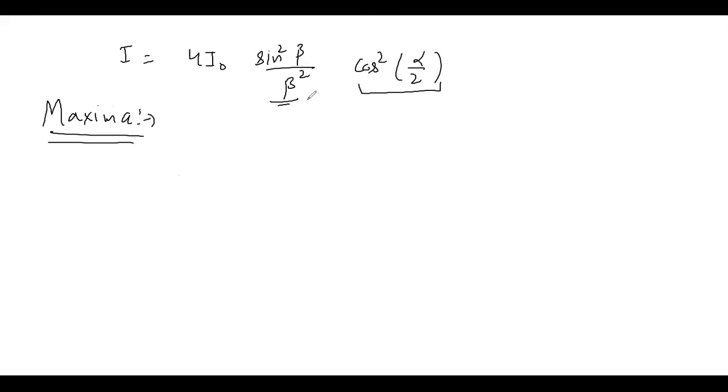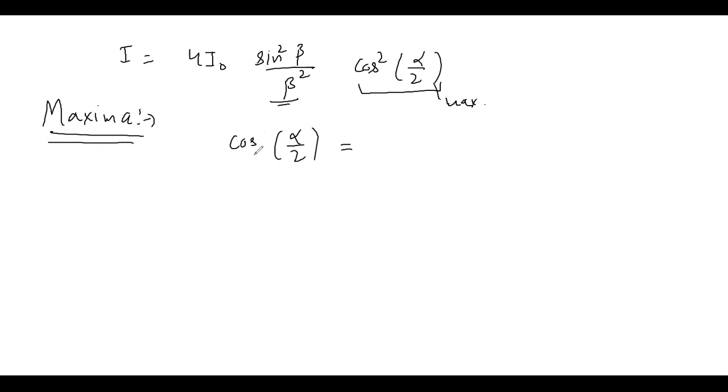But for the time being, trust me when I say that your maxima on the screen would be whenever your this term is maximum, and we know that the maximum value of cosine is equal to, here you have cos square, so the maximum value of cos square is equal to 1.